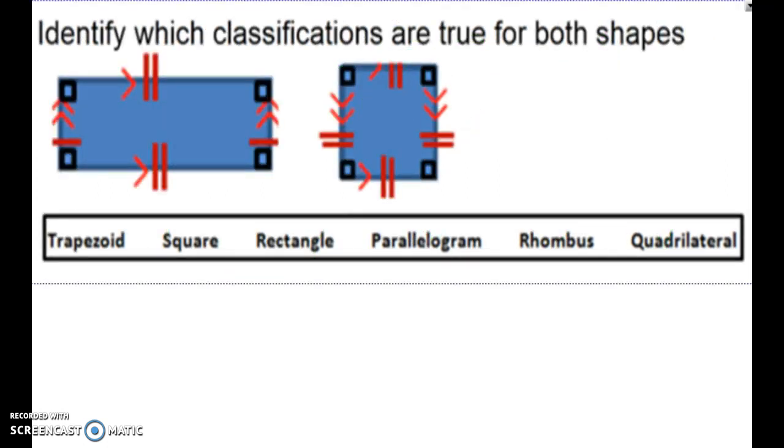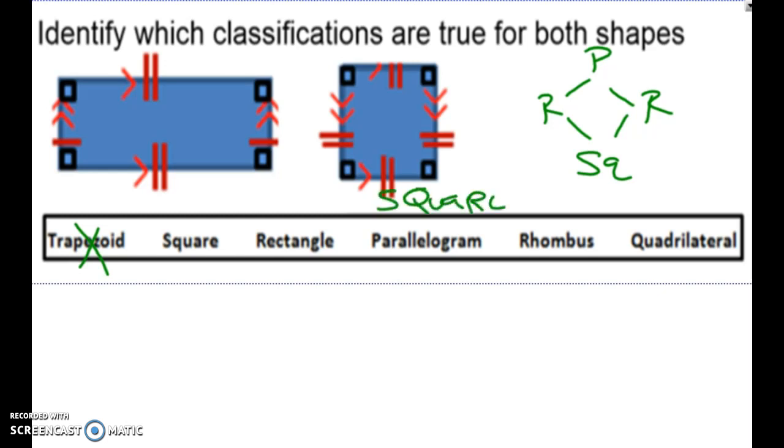Identify which classifications are true for both shapes. Okay. Are they both trapezoids? No. How do we know? Okay. Are they both squares? Well, again, if I have a square, rectangle, rhombus, parallelogram, so it is a square if this one is a square, and this is a rectangle.